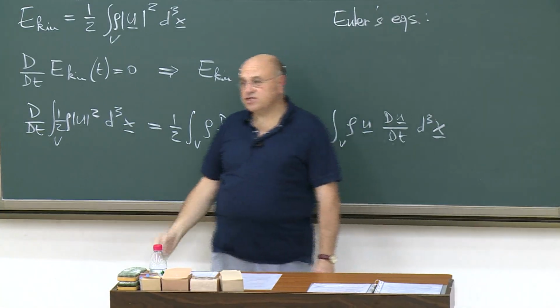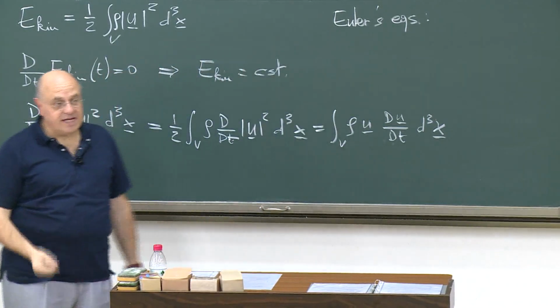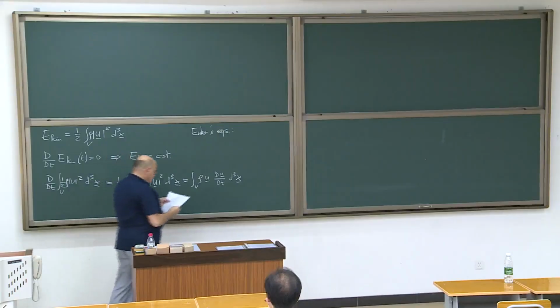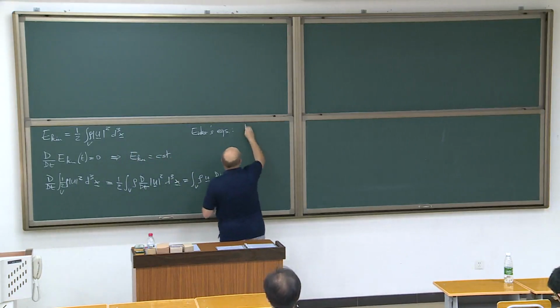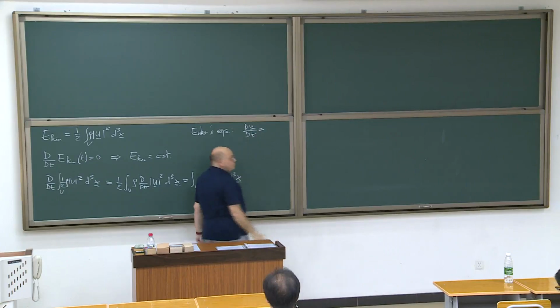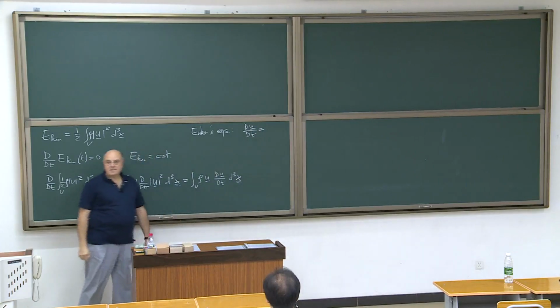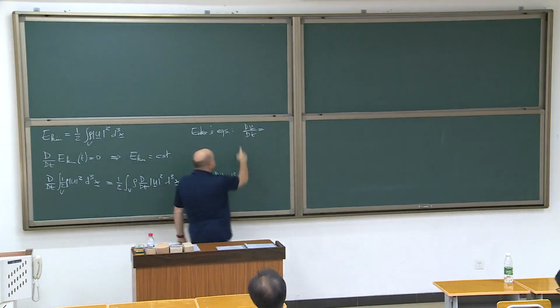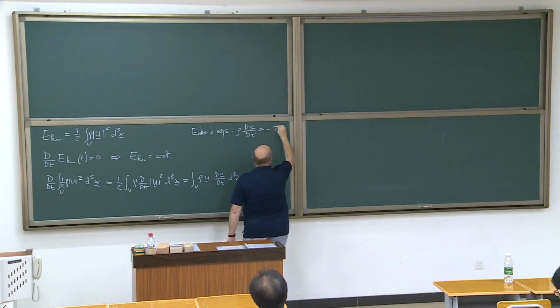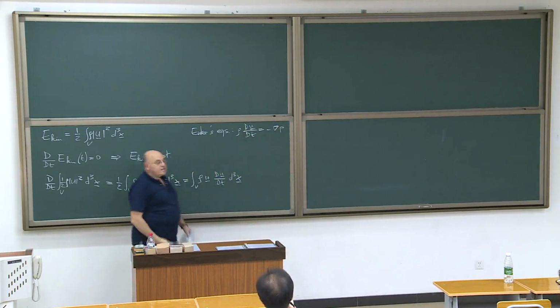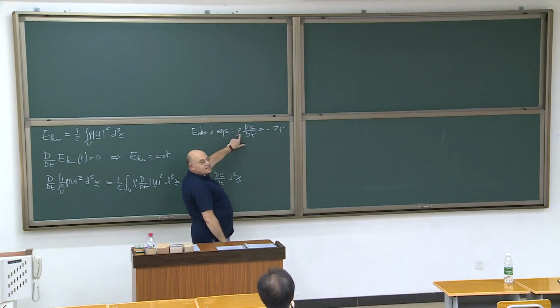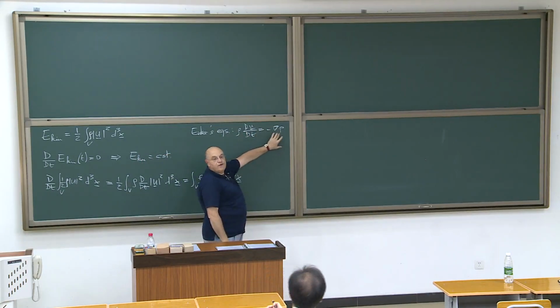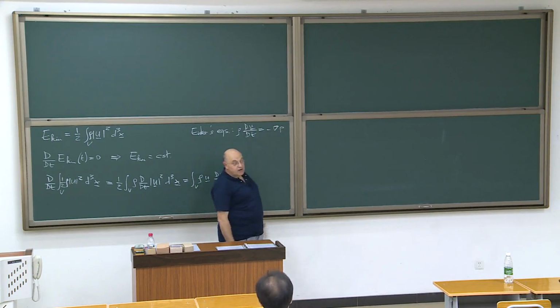Remember, Euler's equations are the conservation of linear momentum. Okay, so du/dt, do you remember what it was? Minus, there was a rho here, minus grad p. So mass times acceleration equals the force, and the only force we consider here is pressure.